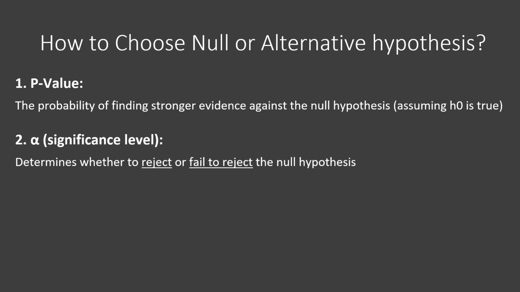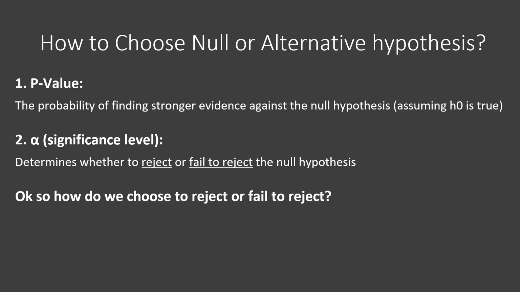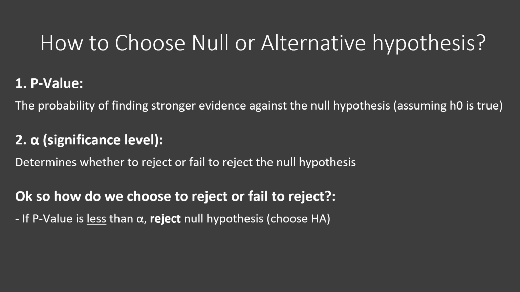Another key part is you use the alpha, or the significance level, to determine that. If your p-value is less than the alpha, you would go with the alternative hypothesis. If it's greater, you go with the null. So there you go.